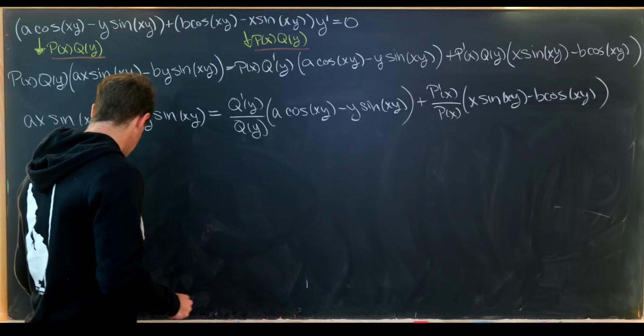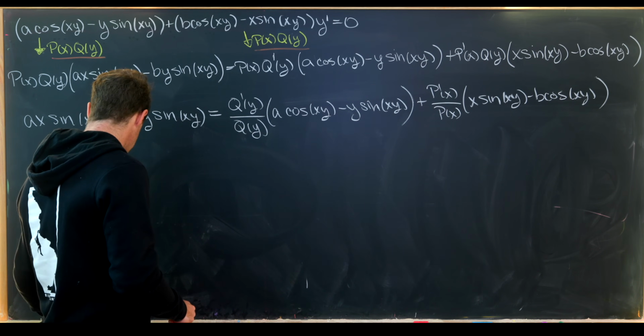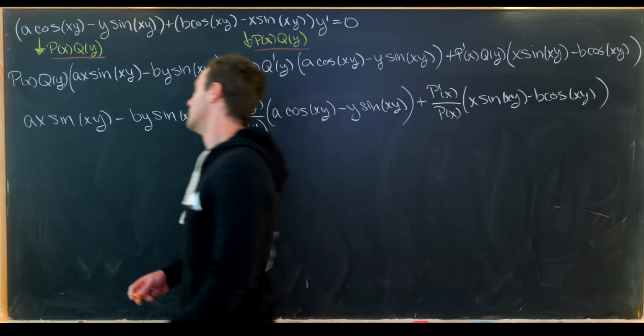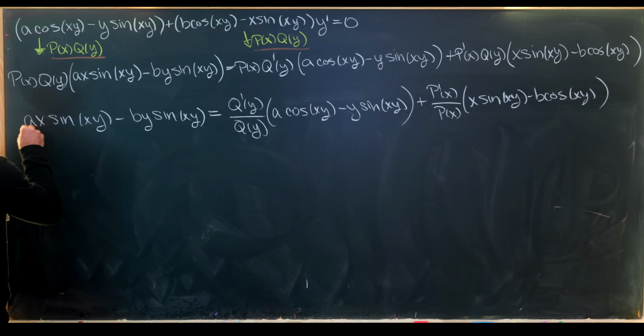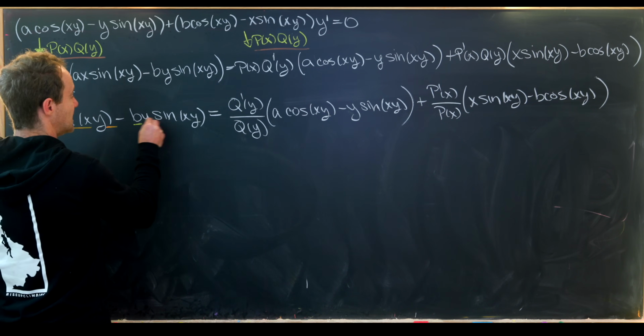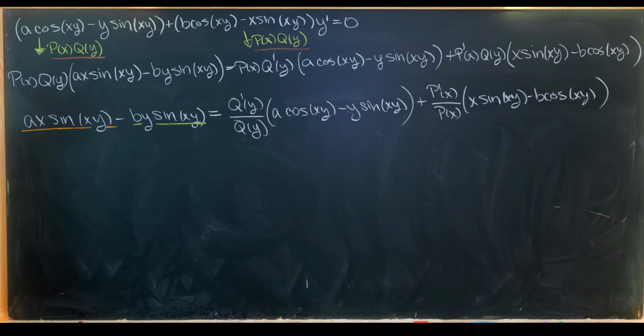Okay, so in my mind, there are two functions that are dominating the left-hand side. Well, there are only two functions on the left-hand side. But one of them is this a x sine xy, and the other one is this b y sine xy.